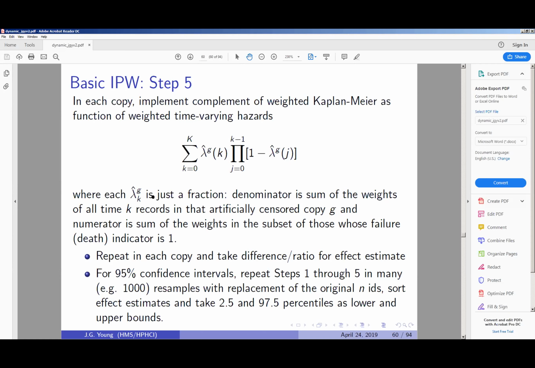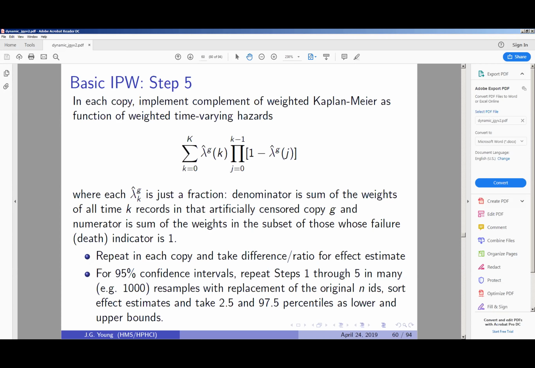We're going to do this separately for each copy. So we'll do this for G1 and then again in the G2 data. And the numerator of each of these is going to be the sum over the subset of those records who failed, who had a Y equal to 1. So we can repeat this process in each copy, take the difference if we want a risk difference, or ratio if we want an estimate of the causal risk ratio, and then we can use a bootstrap procedure, let's say, for the 95% confidence intervals.